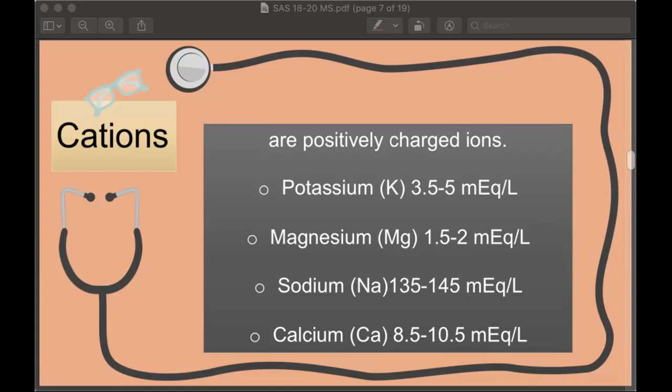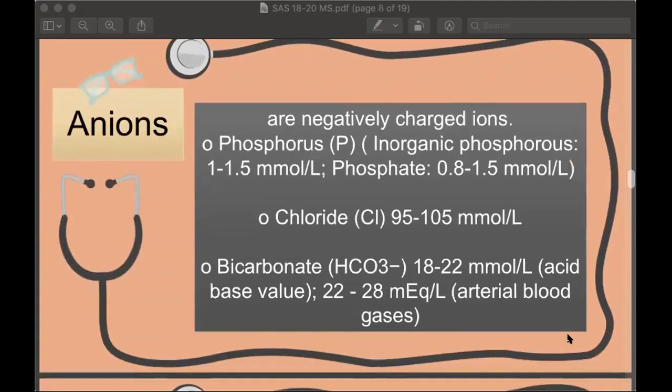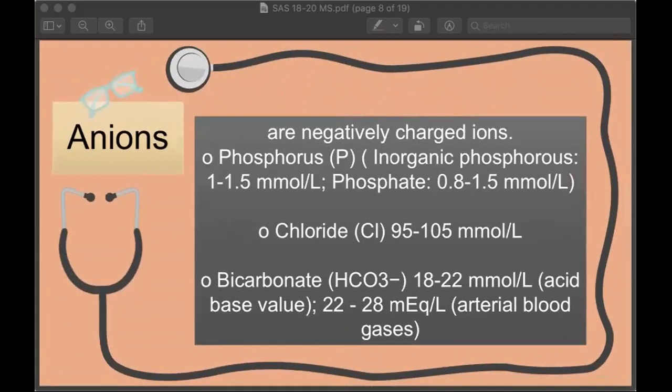It can be found fairly distributed in ICF and also in your ECF. Aside from having something to do with the teeth and the bone, it acts as a major enzymatic activator within the cells, and it aids in coagulation. So these are your electrolytes that are positively charged. Clear? Awesome.